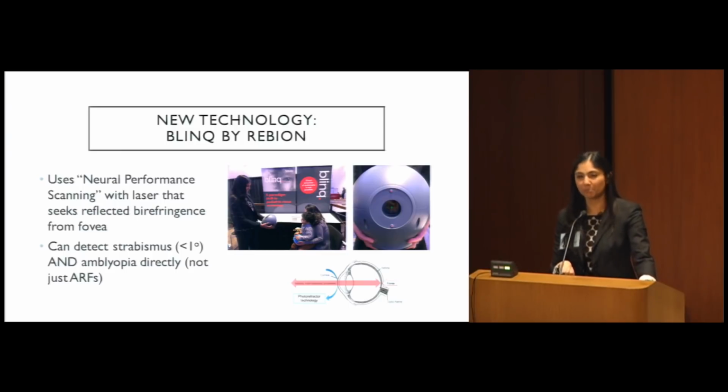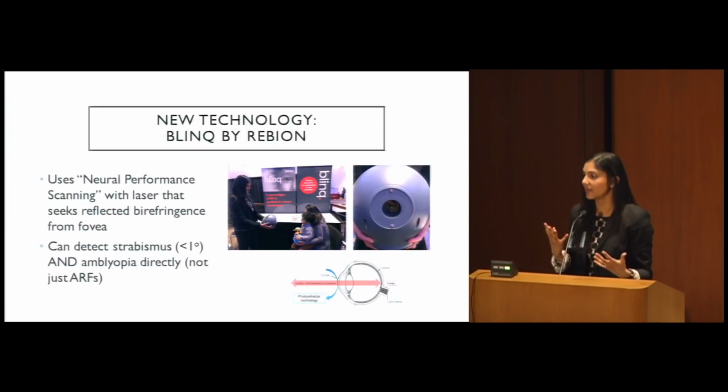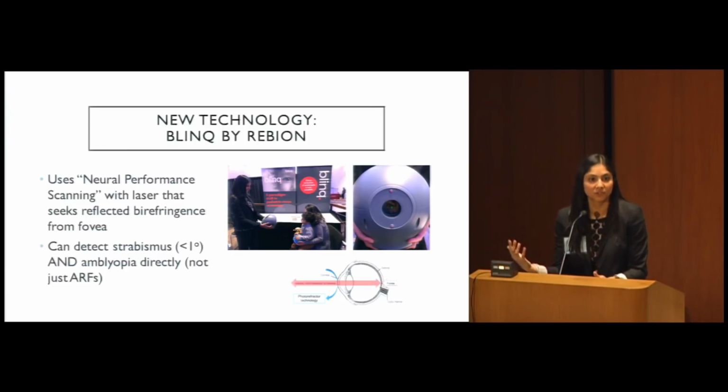This is called the Blink by Rebion. It's a device that uses something called neural performance scanning, which basically means it uses a specific type of laser that, rather than taking a photo of the reflex generated by the eye, actually sends a laser to the fovea, which is the back part of the eye, the central part of vision.